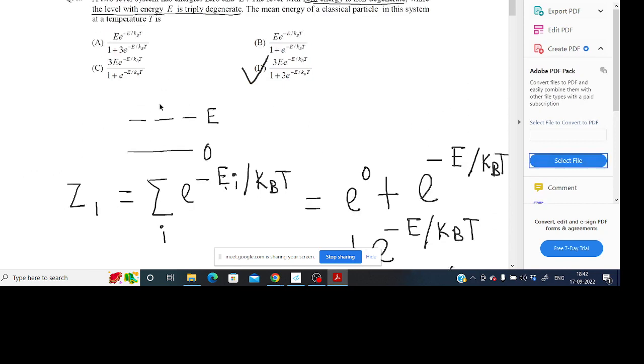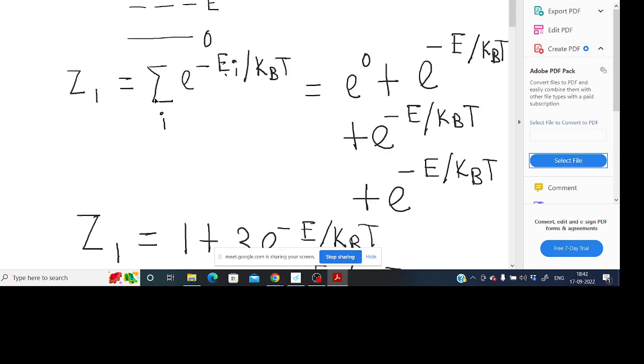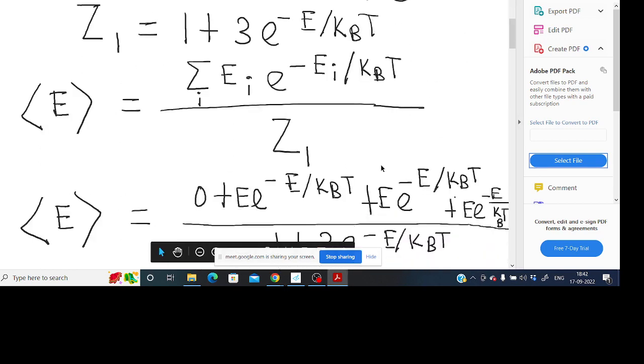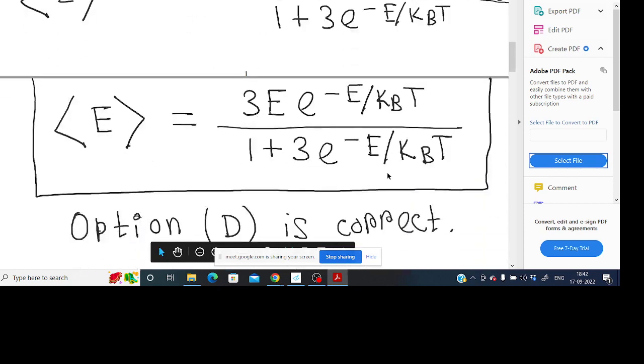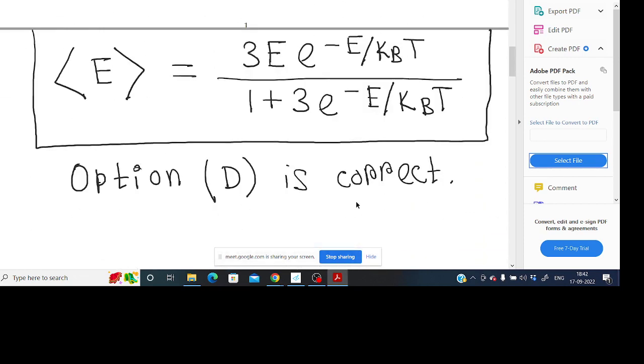The main thing in this question was there are 3 levels with energy E, which means the level with energy E is triply degenerate, or the degeneracy is 3. So Z1 is equal to this thing. This e to the power minus E by kBT appears 3 times. Similarly here also, that's all, nothing else.